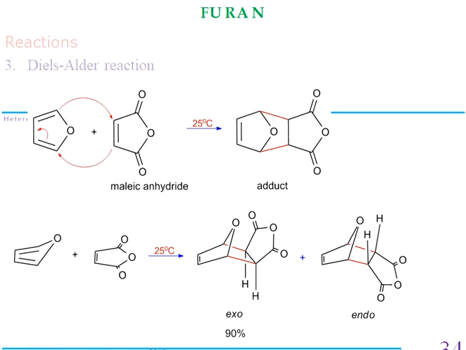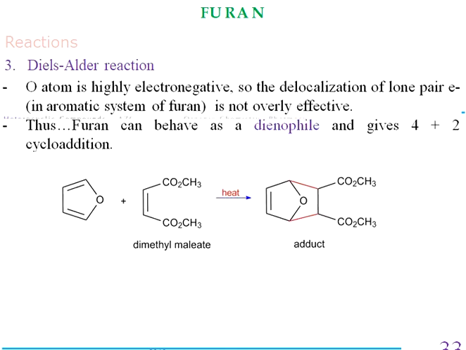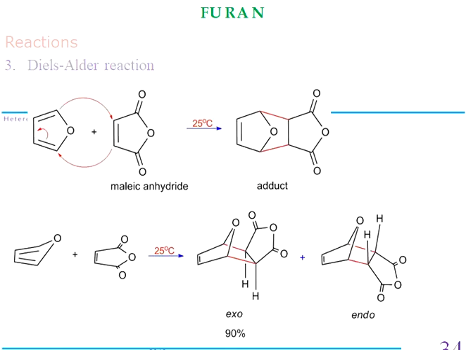In the mechanism we have a different reactant. Here we have anhydride. In the previous slide we had diester. So don't get confused about that. Now at 25 degrees Celsius, the adduct is being formed.